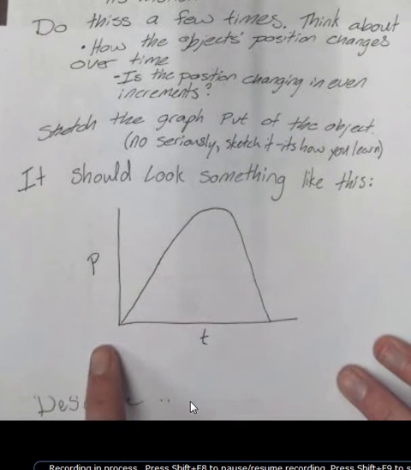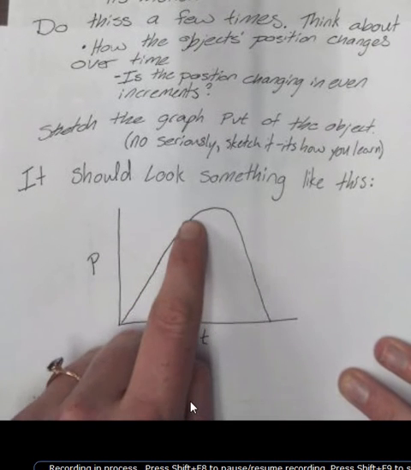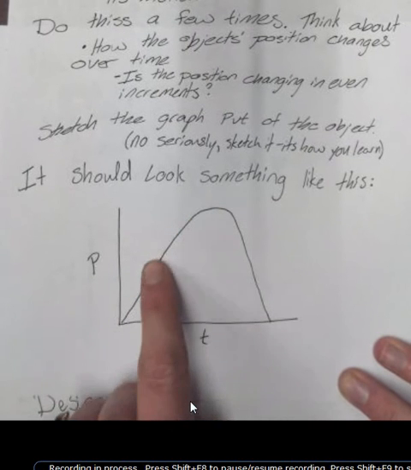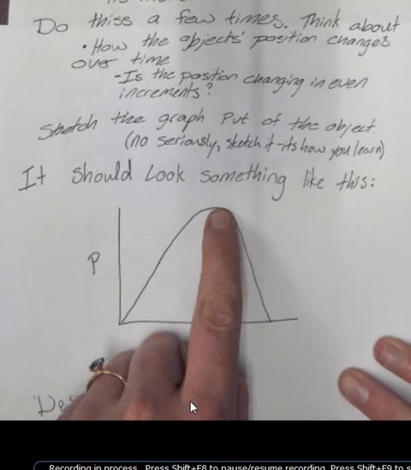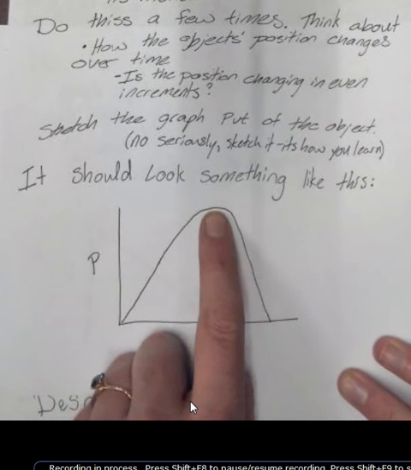Well, let's consider our slope. First, right here, we have a positive slope in the positive direction. And that positive slope in the positive direction is decreasing in its size. And then toward the top, it actually levels out till there's no slope.